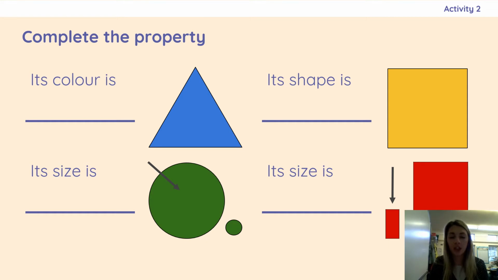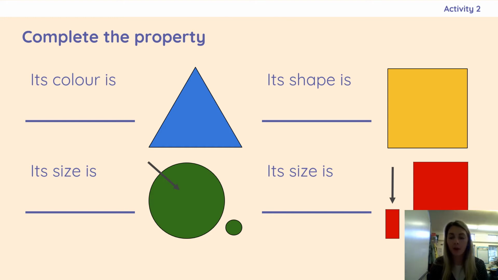Underneath the triangle, we have two circles and they are green. But the property being described next to it is size. Its size is, looking at the one with the arrow in, big.